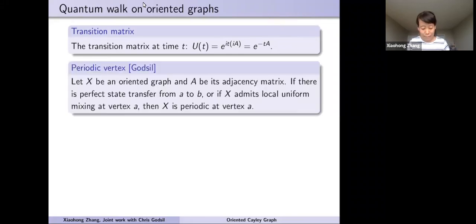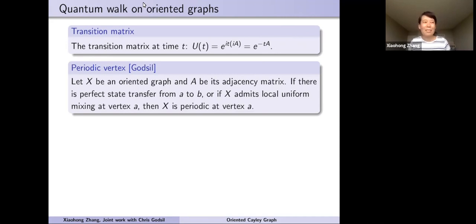But also for local uniform mixing, when it happens in an oriented graph, it will also imply periodicity. That was a more general result by Chris.